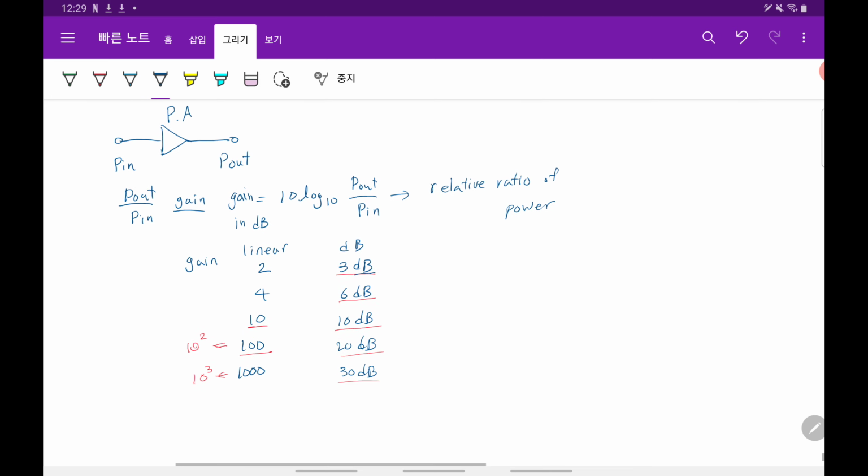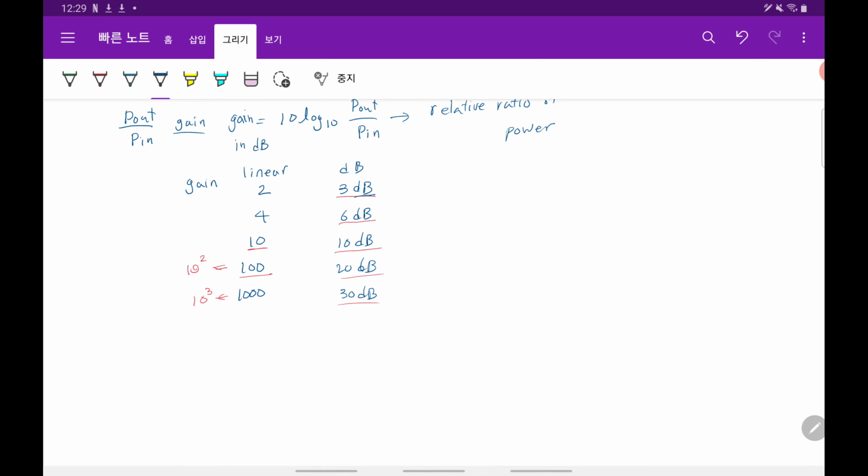And then if we want to represent absolute power, in the microwave and RF field, we use dBm.